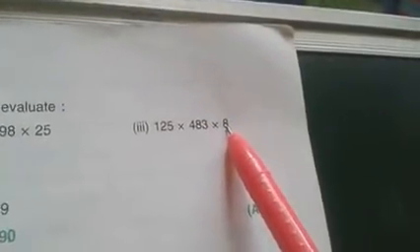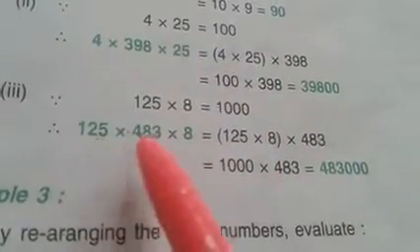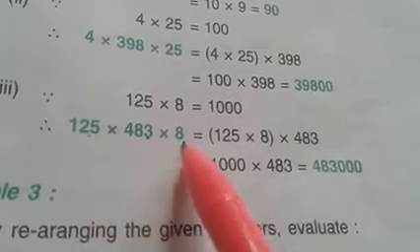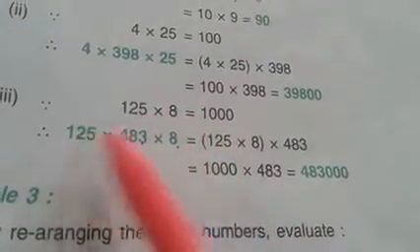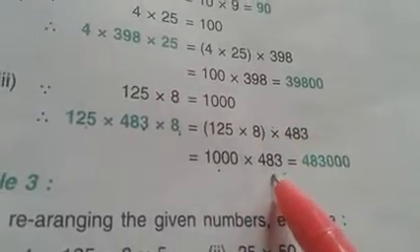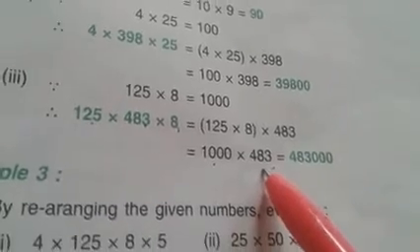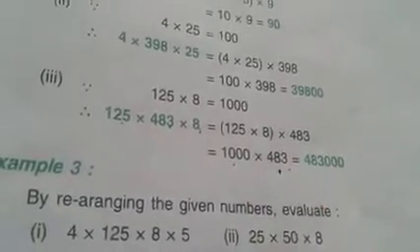That will give you 1000. You can see here 125 multiplied by 483 multiplied by 8. So I have made a group of 125 and 8, which gives me 1000, multiplied by 483. You have to multiply such two numbers which give you 10, 100, 1000 or any power of 10.